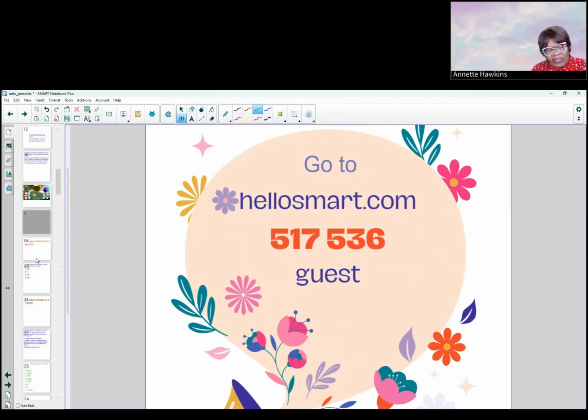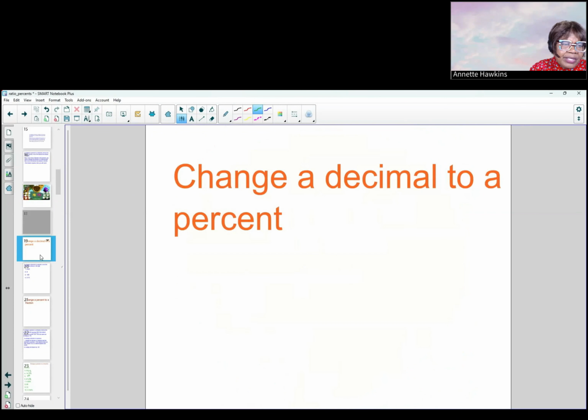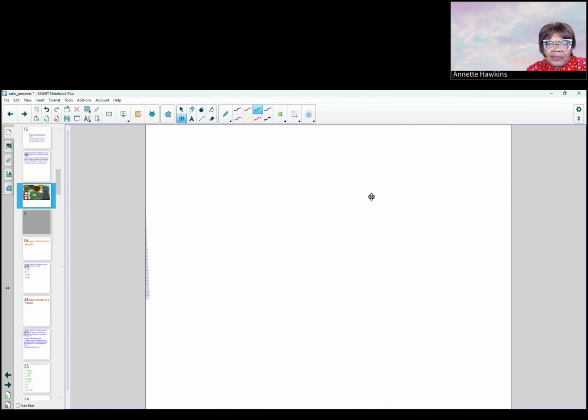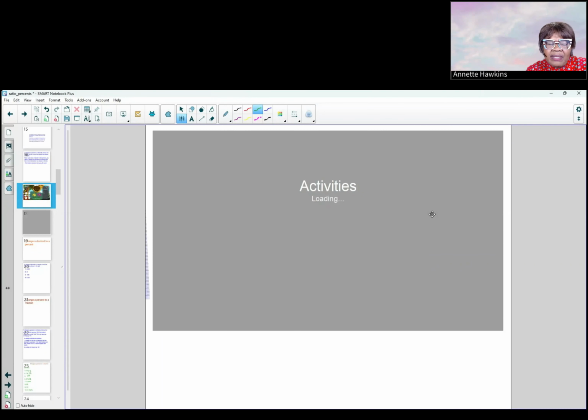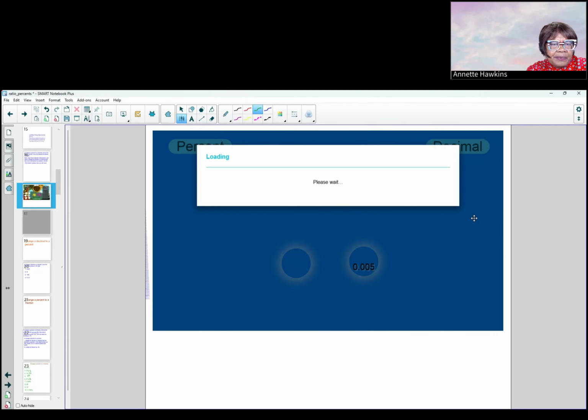Okay. All right. So we have looked at changing a percent to a decimal. So you know what we're getting ready to do next. We're going to reverse ourselves. We want to change a decimal to a percent. Yeah, okay, let me restart it then, because it'll end after a certain amount of time.